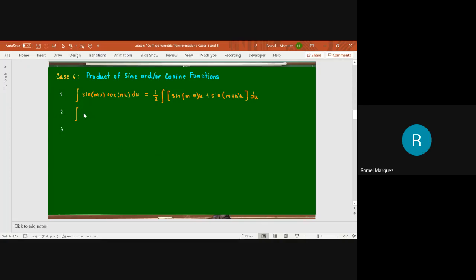The second one, we have integral of cosine of mu cosine of nu. If you have product of cosine and cosine of similar angles or argument, so we have 1/2 integral of cosine of m minus n u plus cosine of m plus n times u.